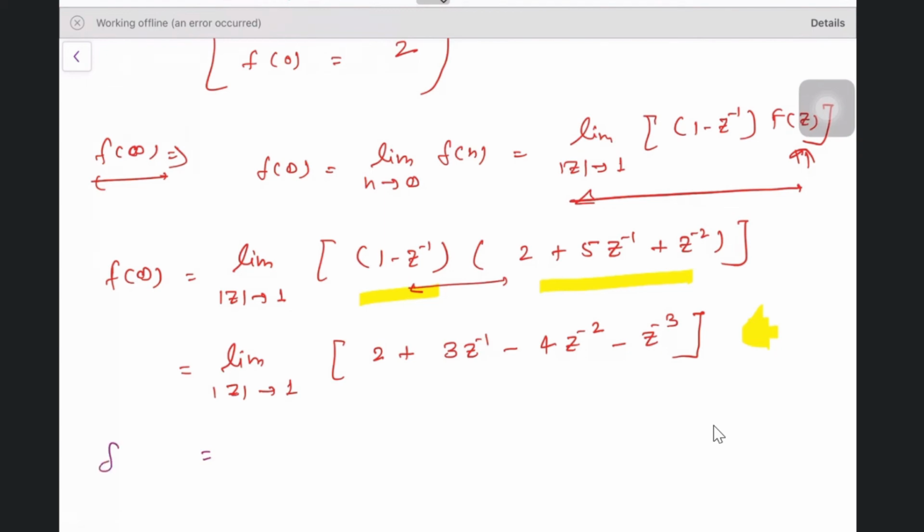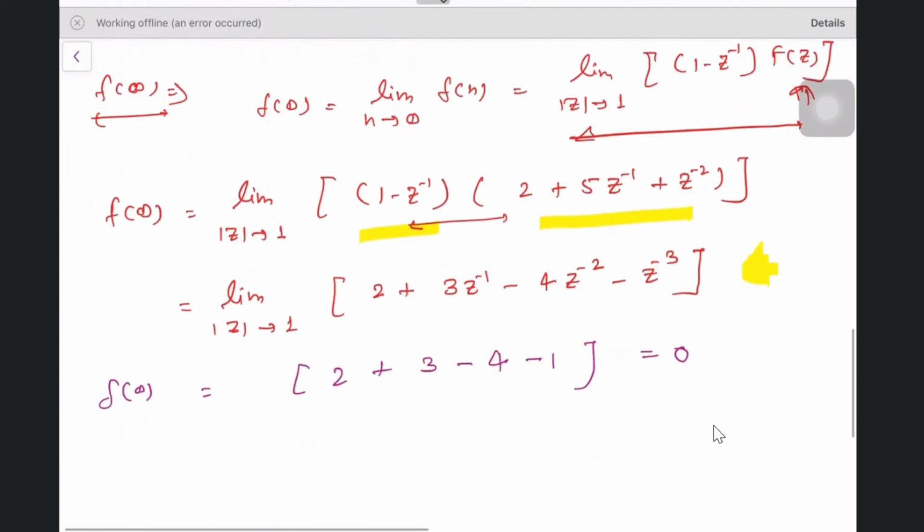So f of infinity equals 2 plus 3 minus 4 minus 1, so you will get 0. That is 5 minus 5, so the value of f of infinity is 0. In this way you can calculate the initial value and the final value. I hope this point is clear.